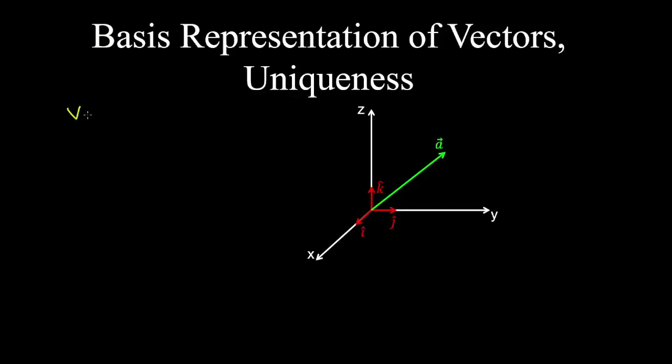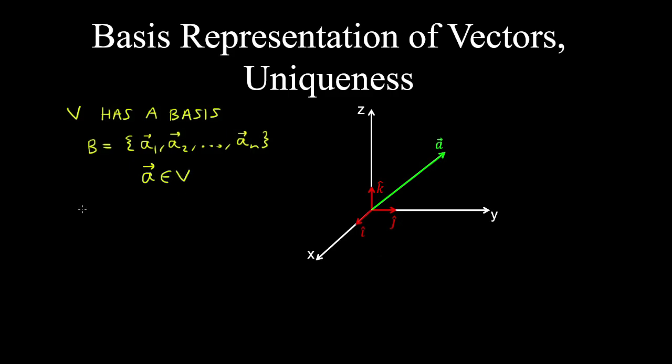If a vector space V has a basis, being the finite set of vectors in V, then every vector in V can be expressed in exactly one way, being the linear combination of these basis vectors, up to the scalar Cn by An.